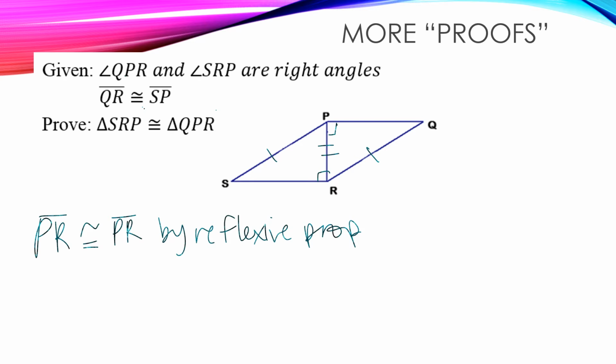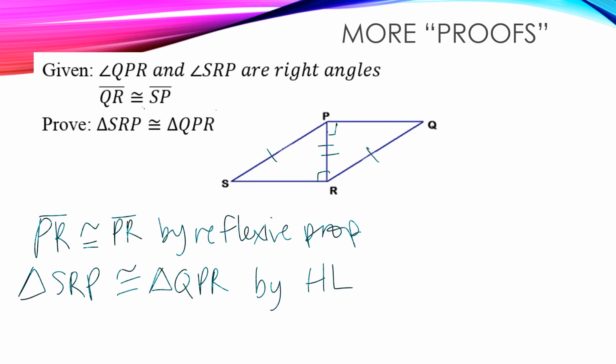Then looking at my 2 triangles, I do have 2 hypotenuses that are congruent to each other. The legs are congruent to each other, and then I have a right angle. So I can say that triangle SRP is congruent to triangle QPR by HL. You could also say side-side-angle or angle-side-side if you wanted to, but HL is much more mathematically correct.